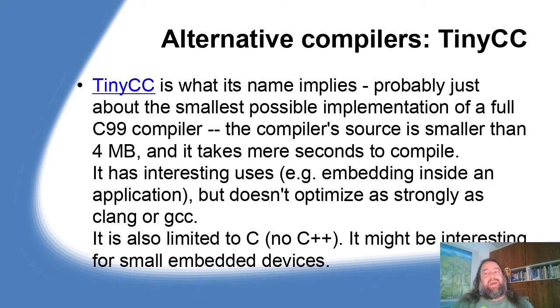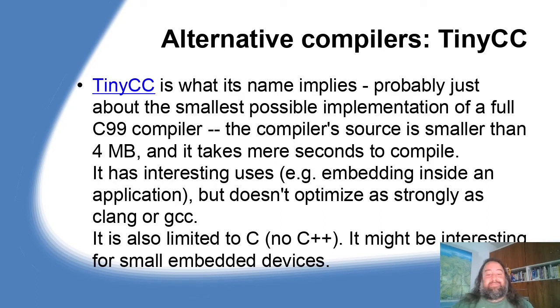Another alternative compiler is tinycc, which is what the name implies. It's just about the smallest possible implementation of a compiler. The source code is smaller than 4 megabytes compared to almost a gigabyte for GCC or Clang, and it takes mere seconds to compile itself. But it doesn't optimize anywhere near as strongly as Clang or GCC.